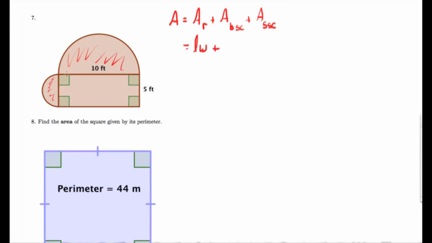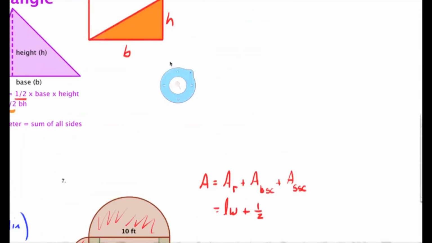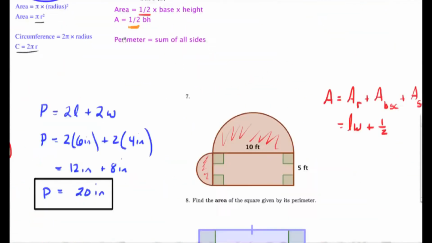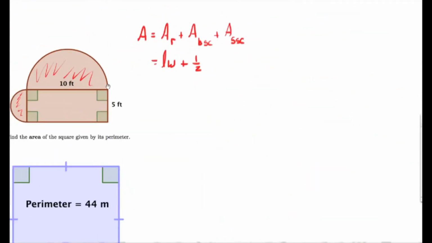And the big semicircle is going to be 1/2 of the area of a circle. So an area of a circle is pi r squared. So I need 1/2 of that.